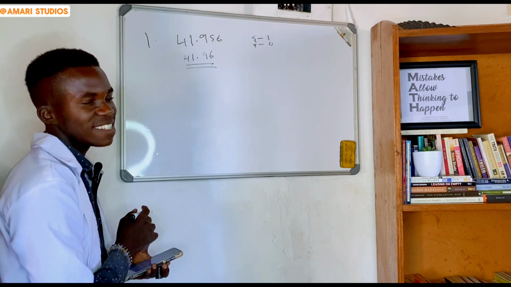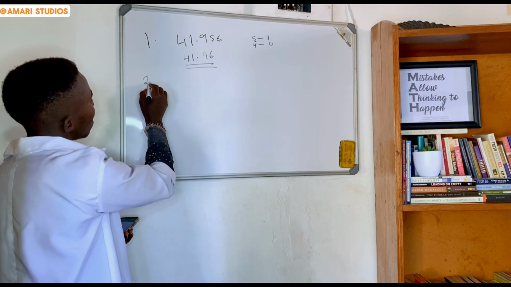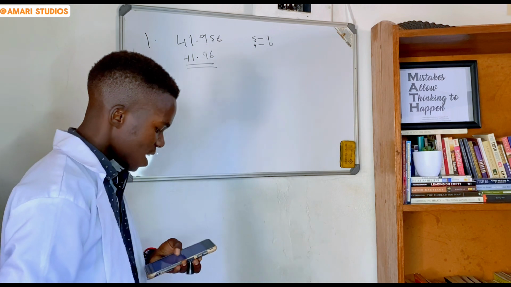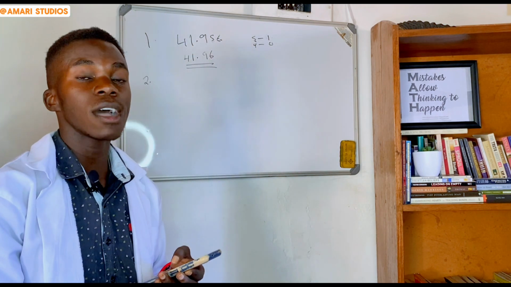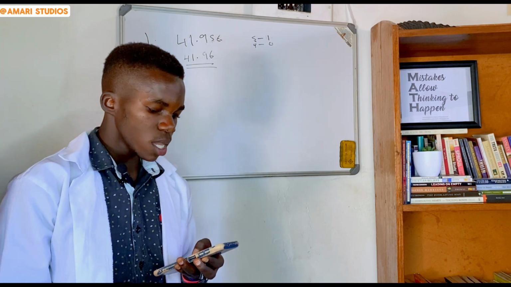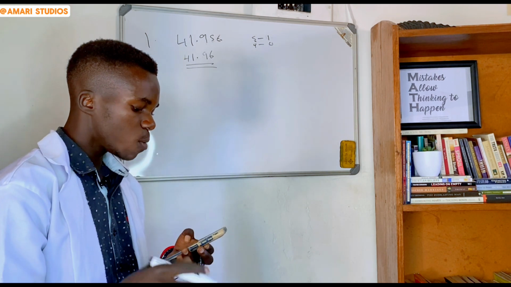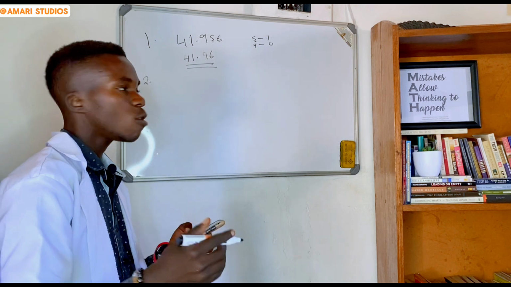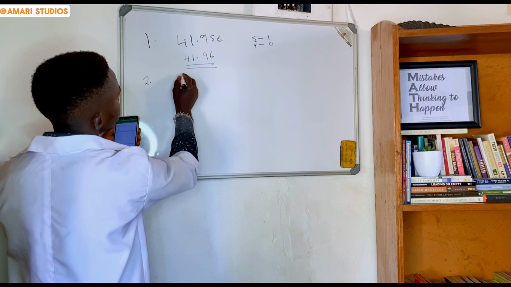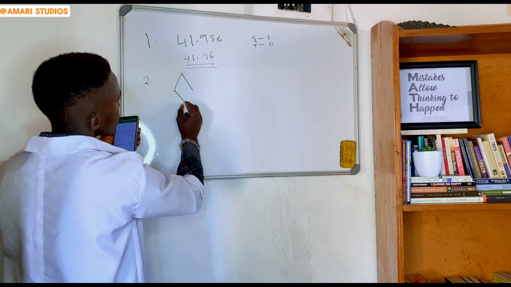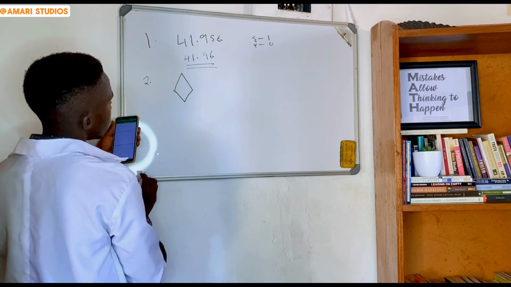We move to the second. Question 2 says, which of the following shapes is used to represent the start of a program in a flowchart? We have A, a decision box, which is more like a diamond.